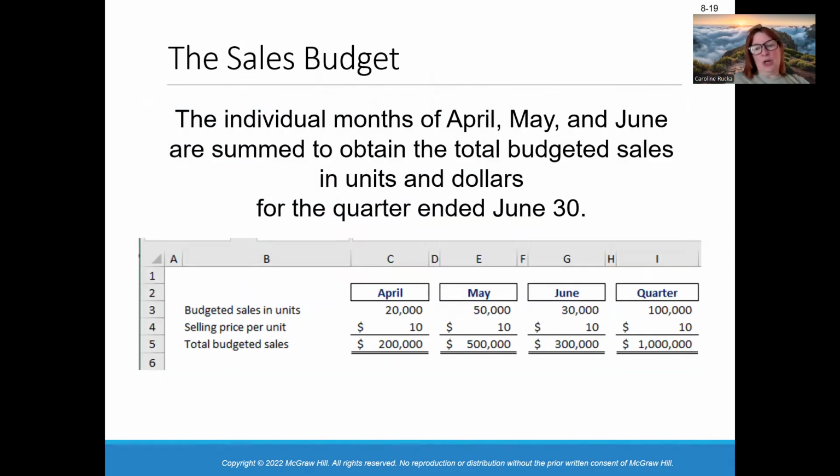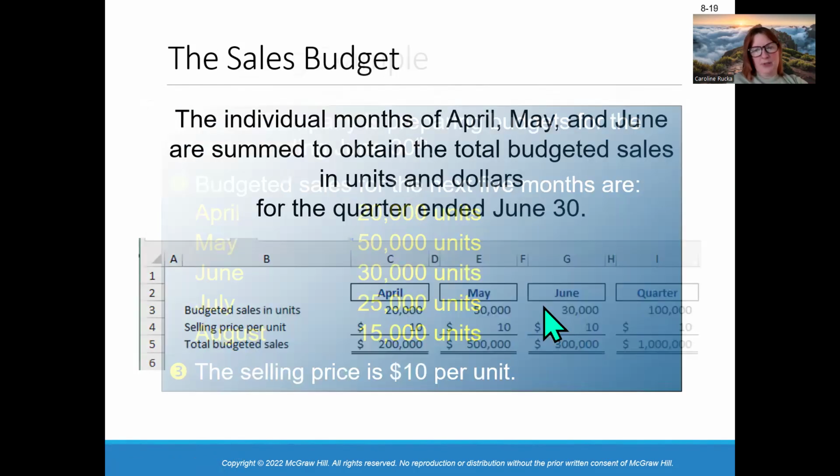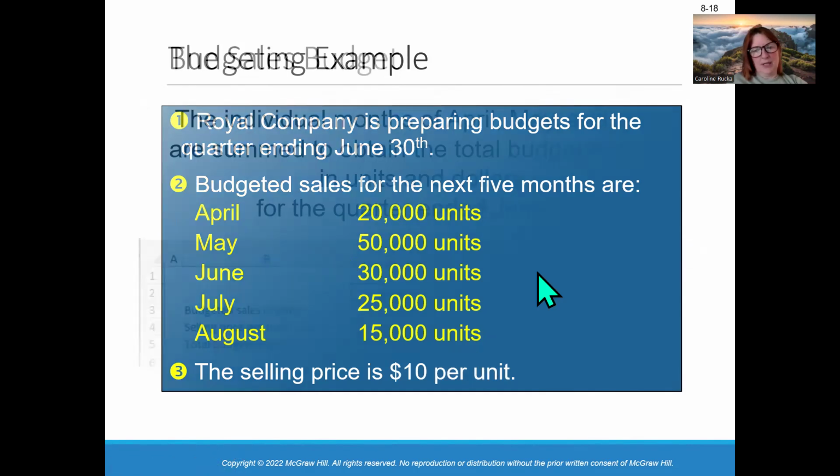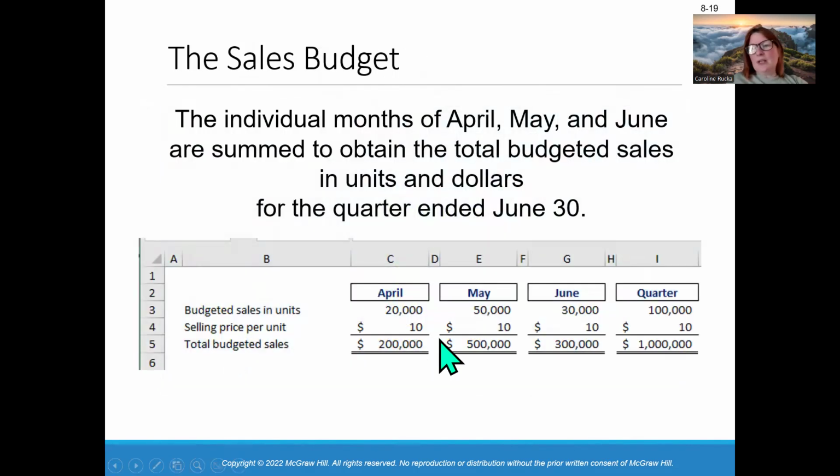So this is our quarterly sales schedule as part of our master budget. We have our sales in units. We got that from this previous slide right here. This is an estimate. Based on prior years, we've estimated this is what our sales are going to be. Each unit is sold for $10.